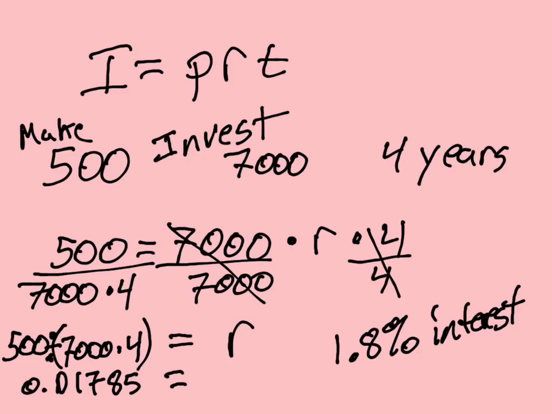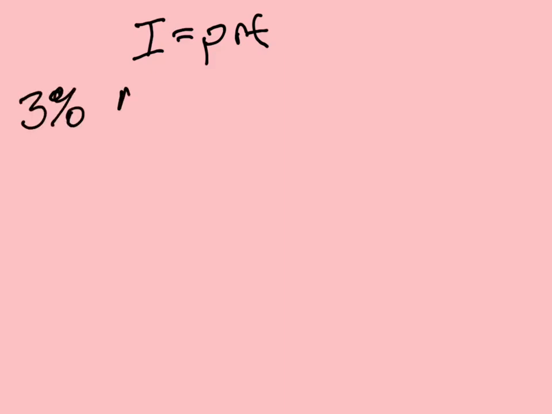So let's take a look at another example. So we remember I equals PRT. And yes, this is a formula that you need to have memorized. I equals PRT. And so let's say I know that my bank will give me 3%. I need to make $720 for some reason.